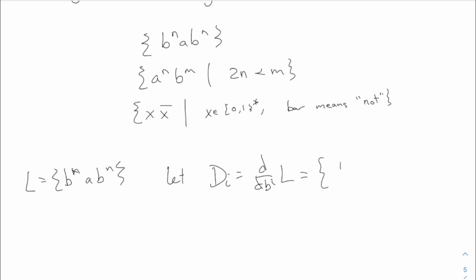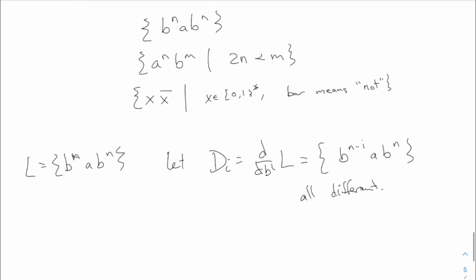And what you get is b to the n minus I, a, b to the n. And those are all different for different values of I, because they have I fewer b's at the beginning than there are b's at the end. These are all different. Pretty much everybody said that as I was walking around, so good job for that.